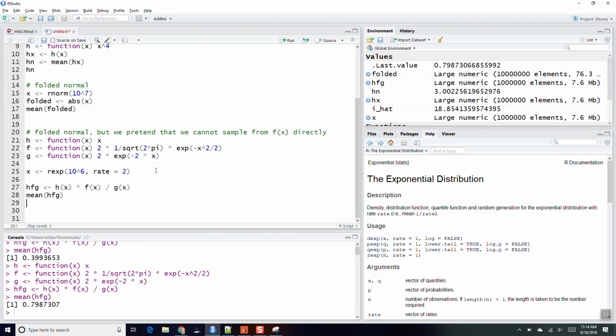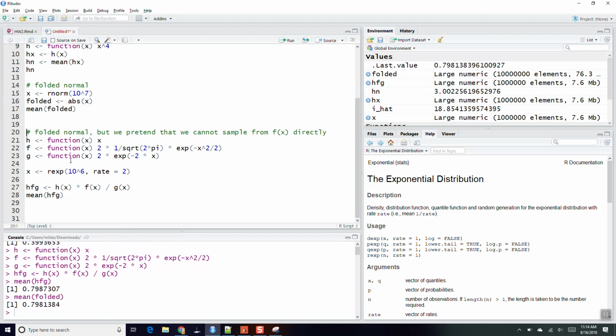Okay, and now we get values that are very similar, right? So this was when we did it directly, and then here we're using h times f divided by g, and then we estimate those two, and we get the mean, and it's very similar.